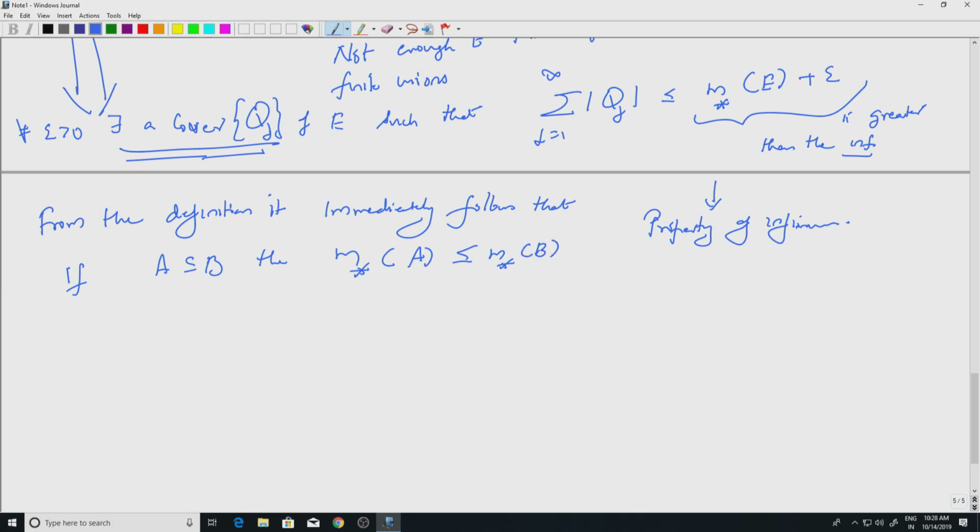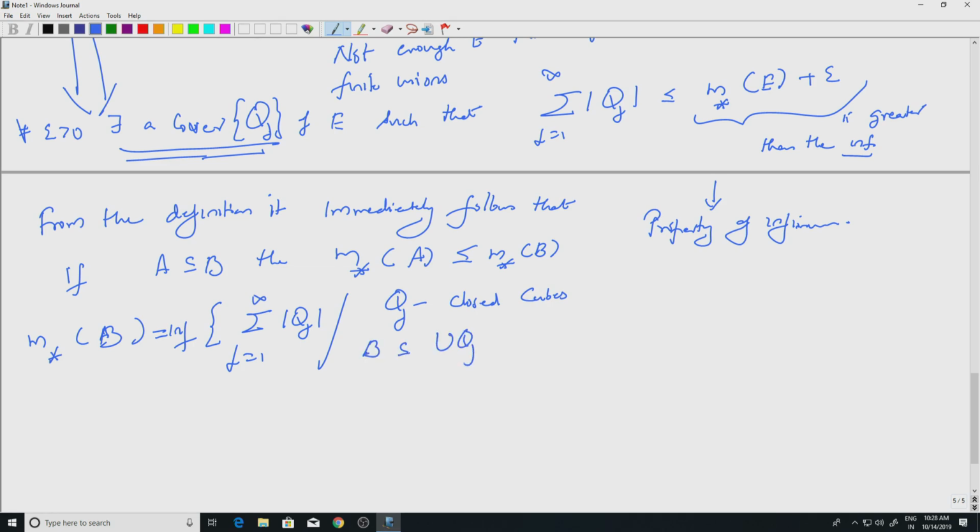So, recall that m star of B is, you look at the infimum of summation mod Qj, where the Qj are covers for B. So, Qj are closed cubes and B is contained in union Qj, j equal to 1 to infinity, right.